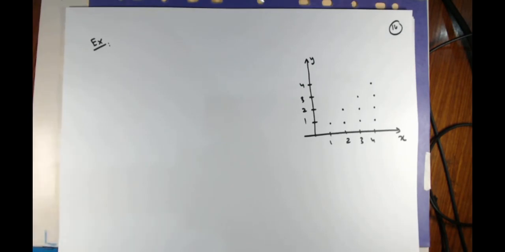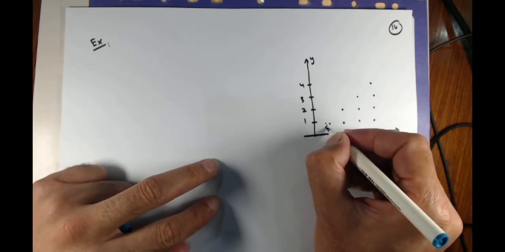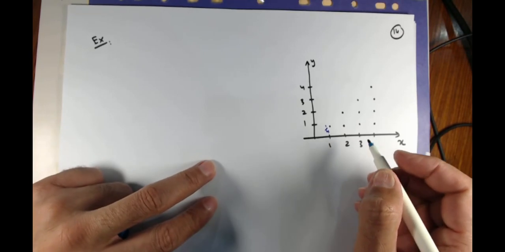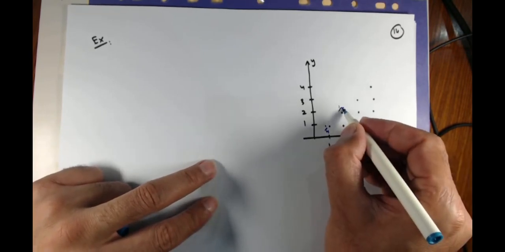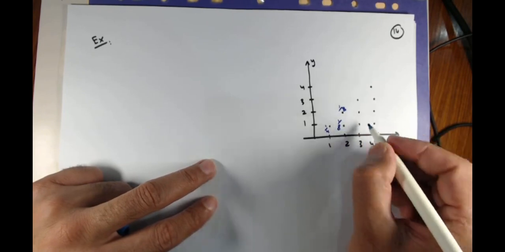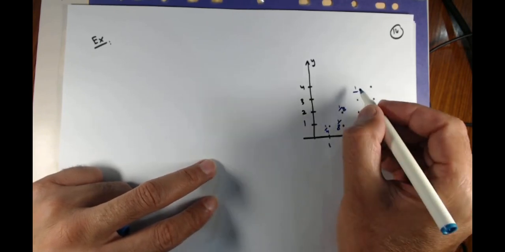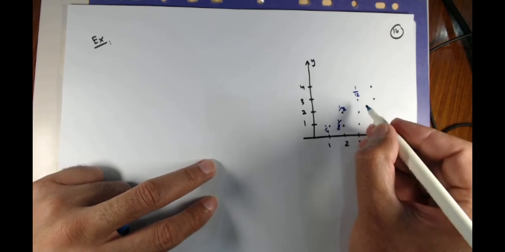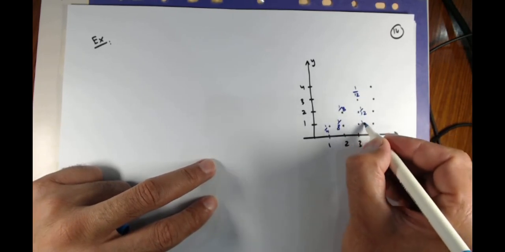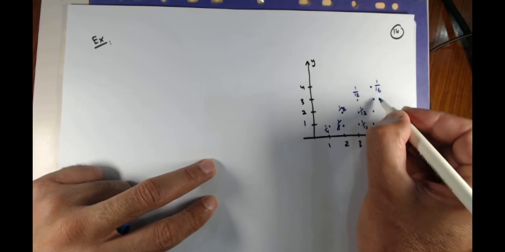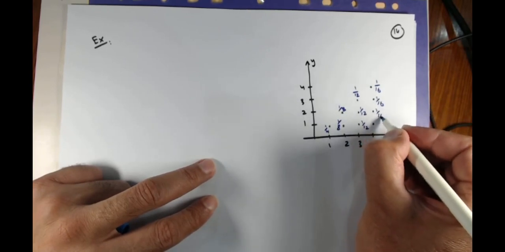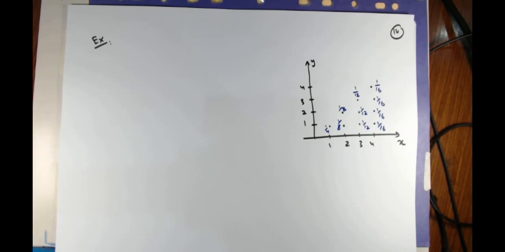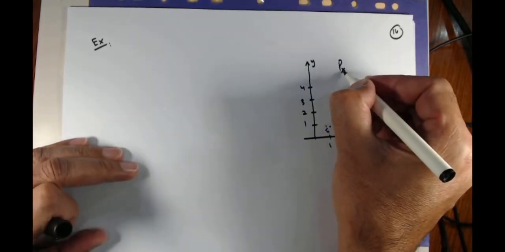We say that the probabilities of these points are something like this: 1 by 4 for this, 1 by 8 for this, 1 by 8 for this, and similarly here it is 1 by 12, 1 by 12, 1 by 12, 1 by 16, 1 by 16, 1 by 16, and 1 by 16. Suppose these are the probability points in a joint distribution of x and y.